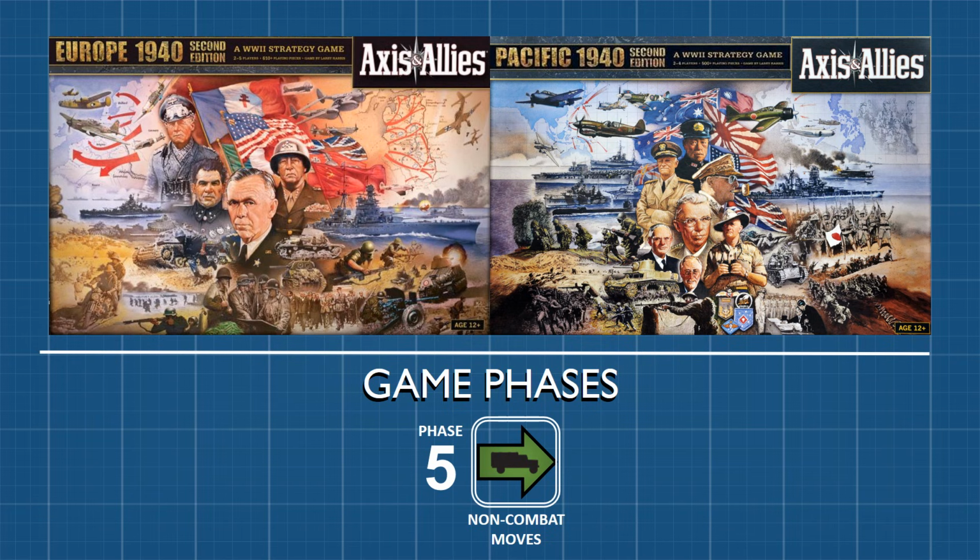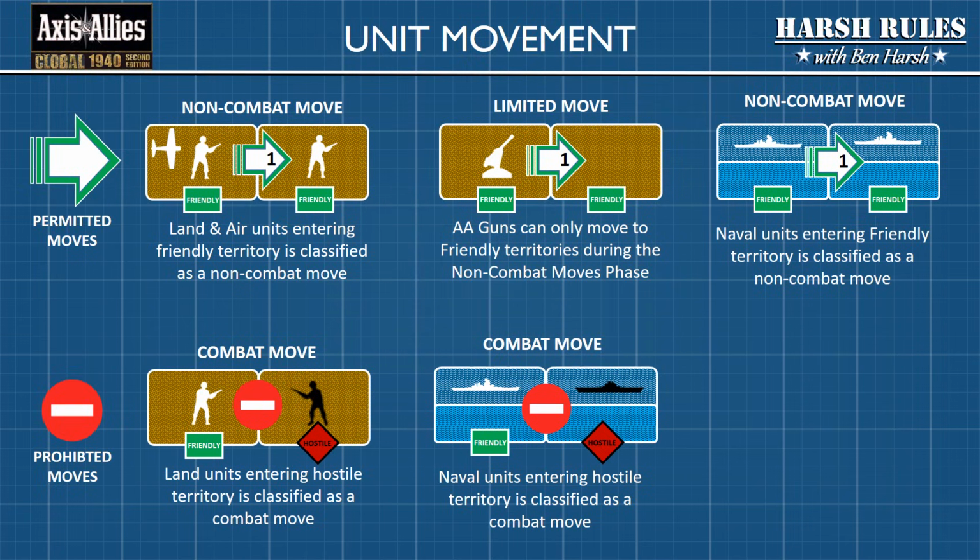Once combat is concluded, it's time to make non-combat moves to reinforce positions. Non-combat moves are primarily used to reinforce territories and involve moving units from one friendly territory or sea zone to another. If an allied nation is not formally at war with Japan, they move all their units during this phase.